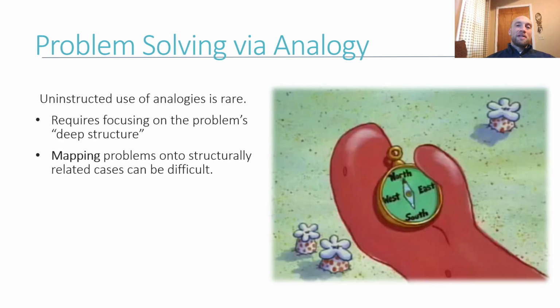The problem is that this unstructured use, where no one's helping you map this out, is very rare. It's pretty hard to do because it requires thinking about the problem in a more abstract way. And that abstract way requires lots of in-depth thought on not just possible solutions to the problem, but the rules of the problem itself: what are the latent structures of this problem, what are the latent rules?